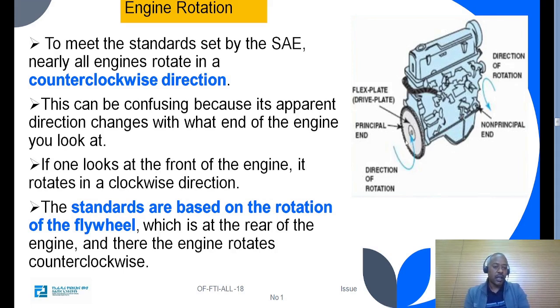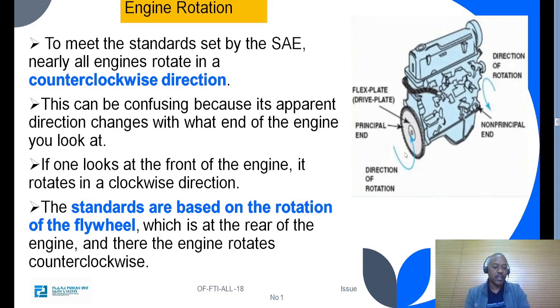So this is the direction where the standard rotation of the engine can be observed. In this direction, the engine is rotated in the counterclockwise direction. But if the observer is standing in front of the vehicle, then the engine is turning in the clockwise direction.